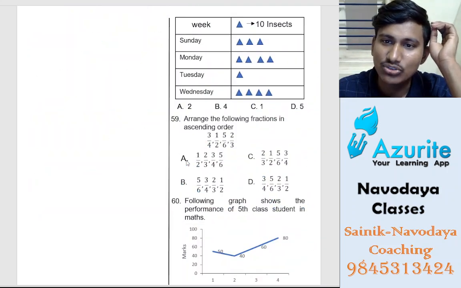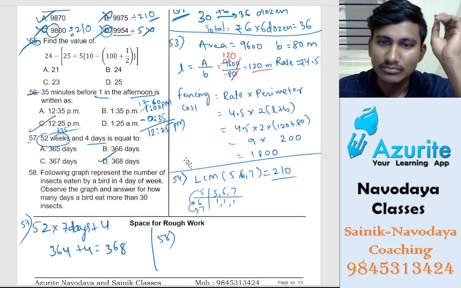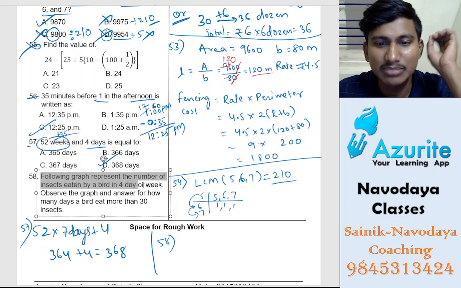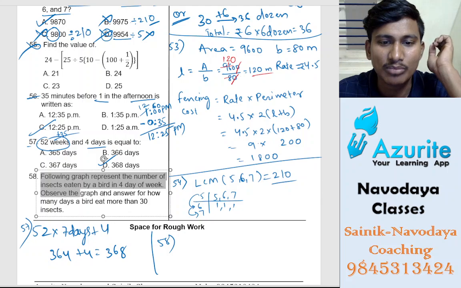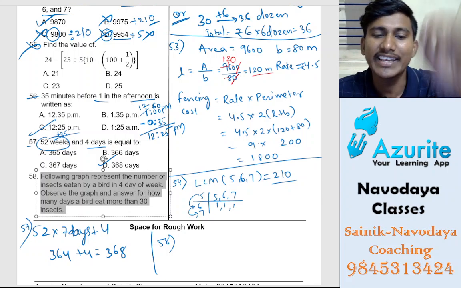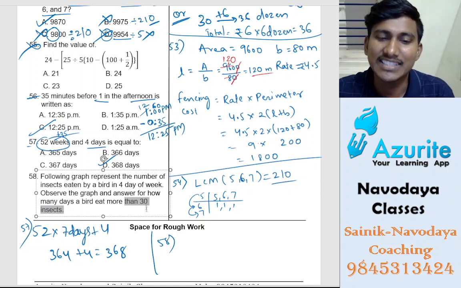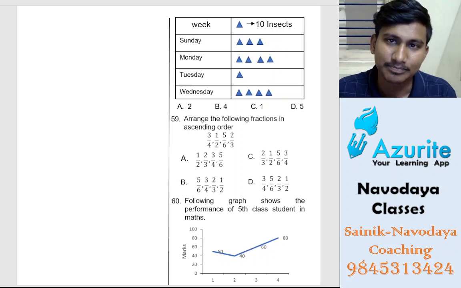58 question, right? What they are asking: the following graph represents the number of insects eaten by a bird in 4 days of a week. Observe the graph and answer: for how many days has a bird eaten more than 30 insects? It should be more than 30, right?